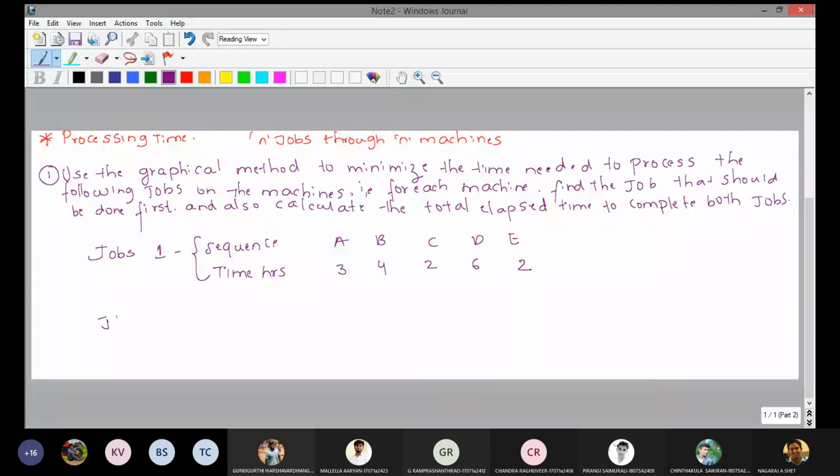Job 2 also is given with the sequence and the time in hours. The sequences are B, C, A, D, and E. The timings are 5, 4, 3, 2, 6.